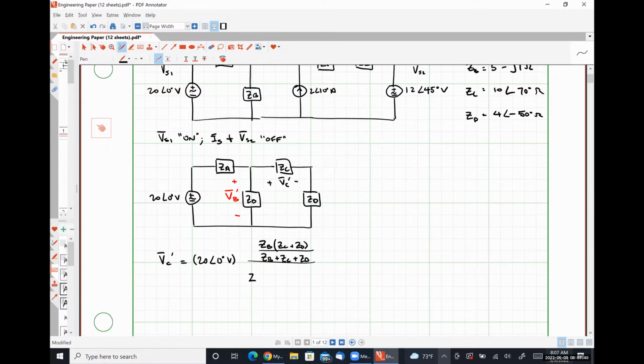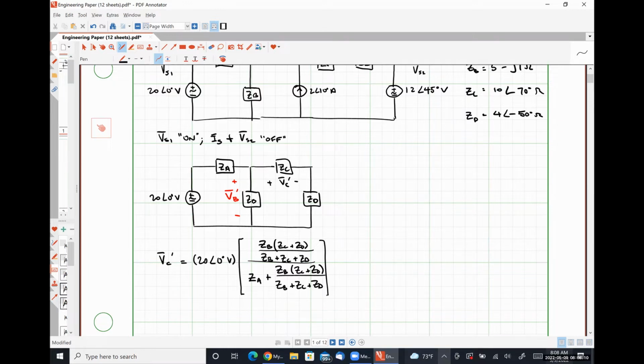And then in our denominator, we're going to have ZA plus that same thing. So that's one application of voltage division to give us VB prime.